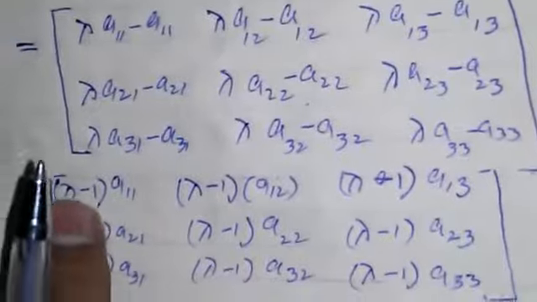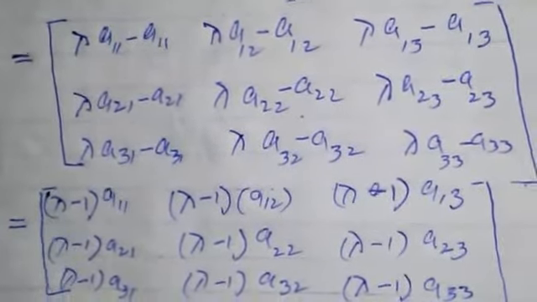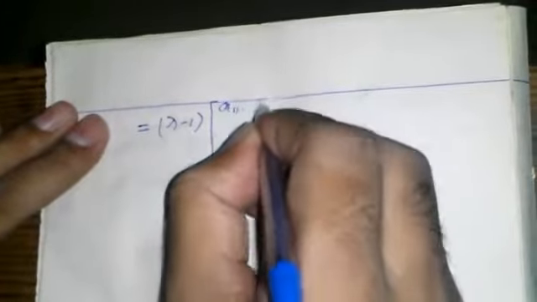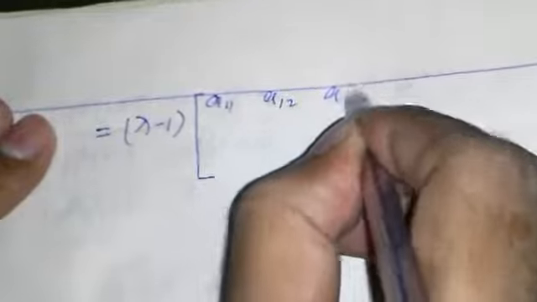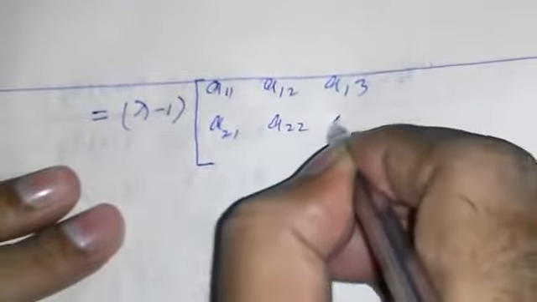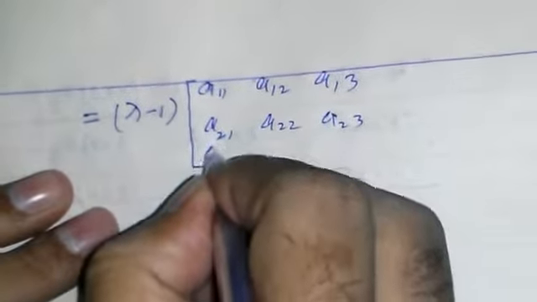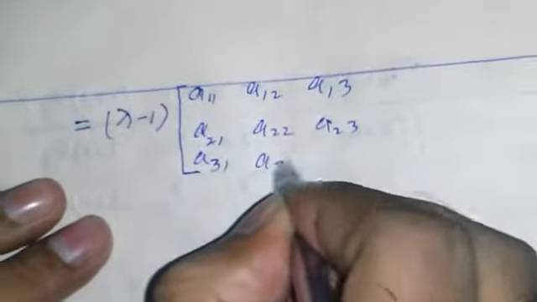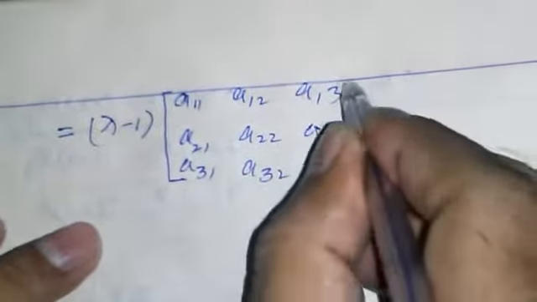Now we are taking lambda minus 1 common from the last matrix we got. That is equal to lambda minus 1 into the matrix A11, A12, A13, A21, A22, A23, A31, A32 and A33.